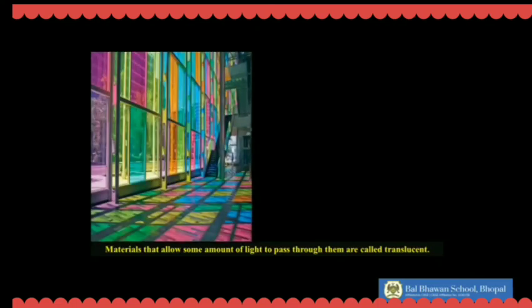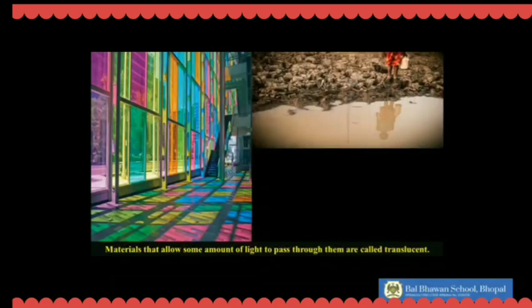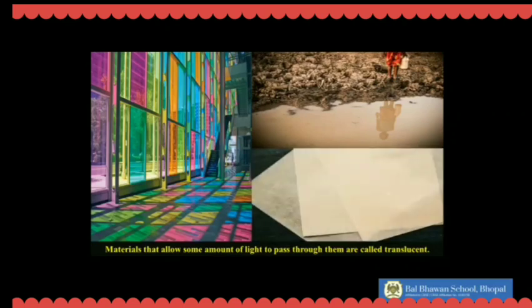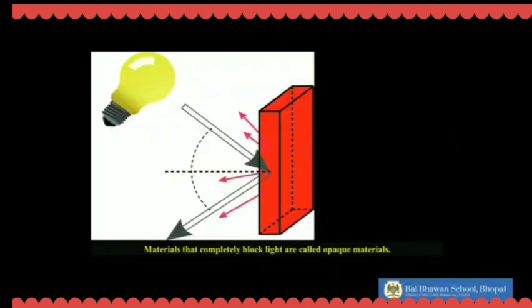Okay, the colored glass is translucent. Then dirty water is also translucent. And the third example is a sheet of paper rubbed with oil. They all allow only some amount of light to pass.